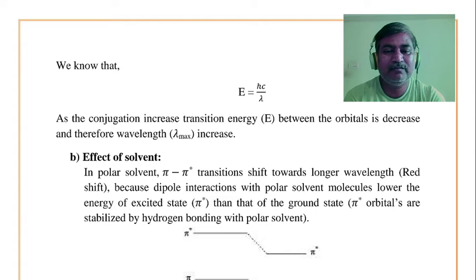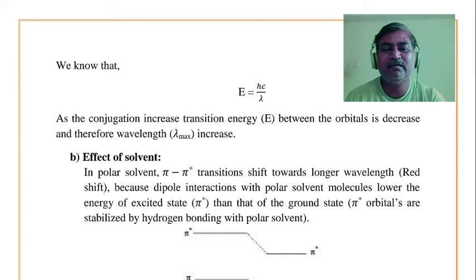What is the relationship now? That is, as the conjugation increases, transition energy E between the orbitals decreases. Smaller the energy absorbed required for transition, highest is the lambda max value.